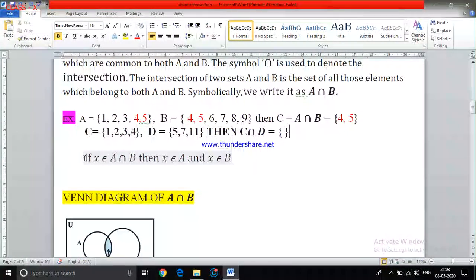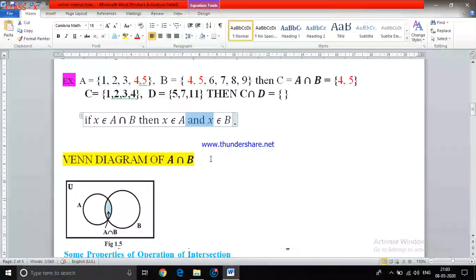Okay, so here, if X belongs to A intersection B, that means X is an element of A intersection B, then X must be an element of A and X must be an element of B. So here you have to focus on this condition. And 'and' means intersection.